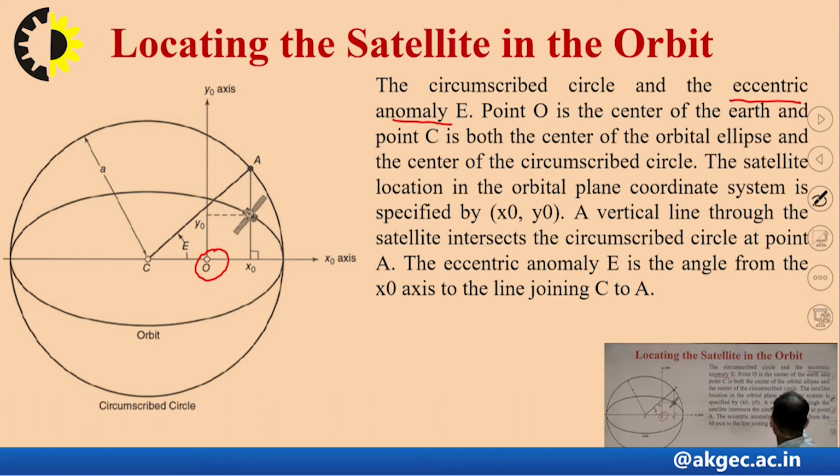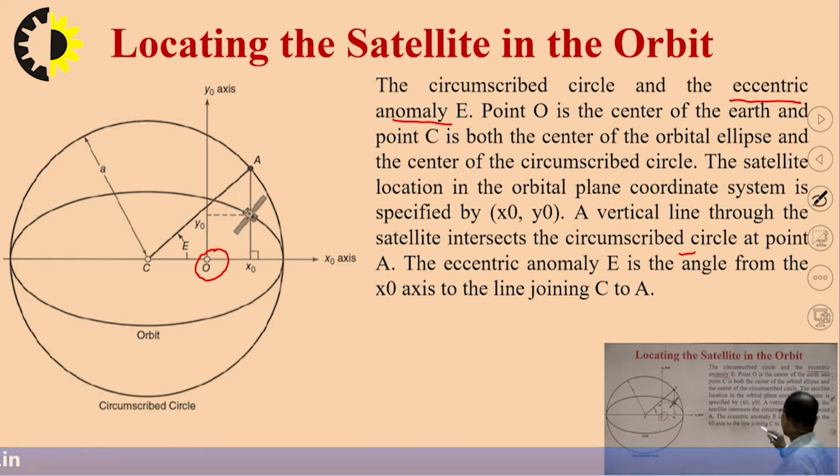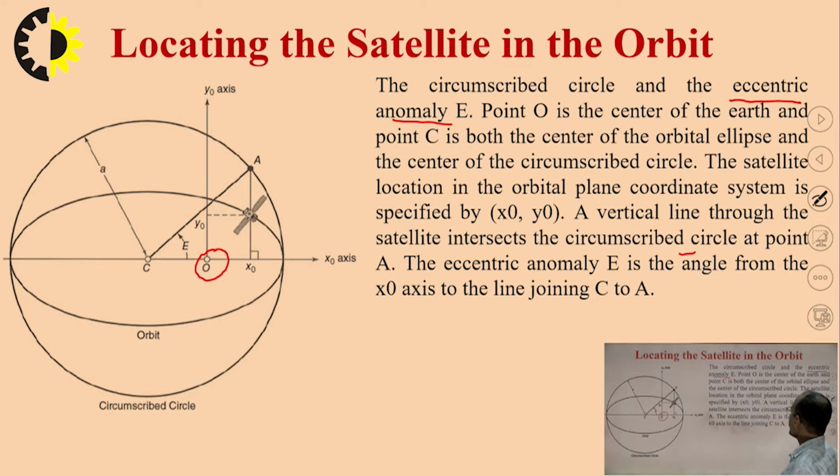A vertical line through the satellite intersects the circumscribed circle at the point A. You can see here a vertical line; when you create this line, it intersects the circumscribed circle at point A. So the eccentric anomaly E is the angle from the x naught axis to the line joining C to A. This is the circumscribed circle which we take externally to locate the satellite in its orbit with respect to other places, when we want to locate the satellite in space.